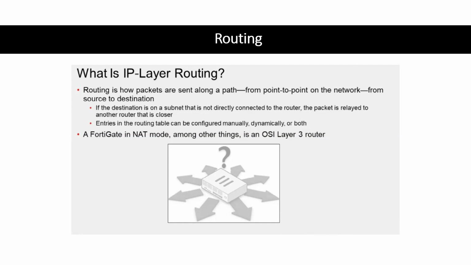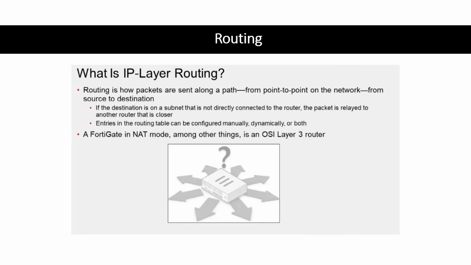It will look at its routing table first, look at all of its entries and ask, do I have an entry for this packet's destination address? It's going to go through the entire routing table to find the most specific match for the destination address within that packet at layer 3.